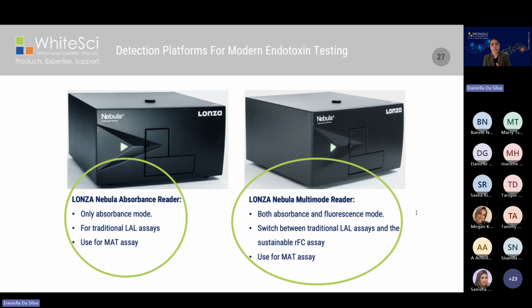In addition, it's also important to note that both these systems support monocyte activation testing, providing flexibility for laboratories working across multiple pyrogen testing strategies. Ultimately, instrumentation should do more than simply generate the data. It needs to help your laboratory improve its consistency, support reproducibility, and simplify workflow management. This then provides confidence in the results that are being generated.